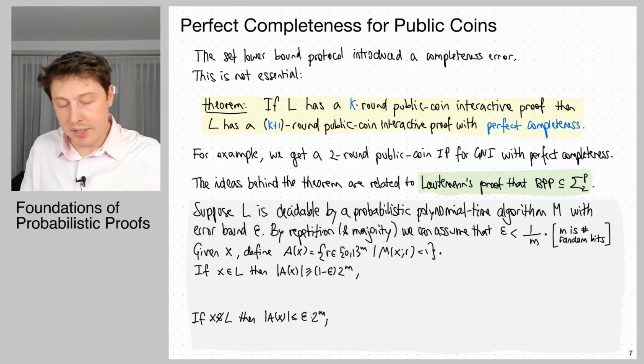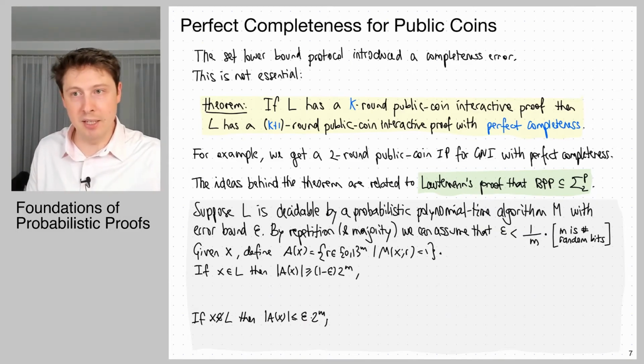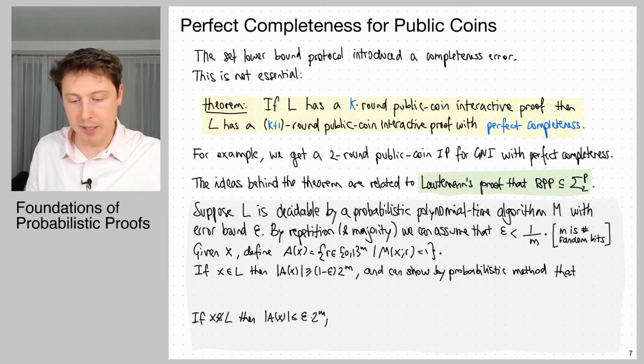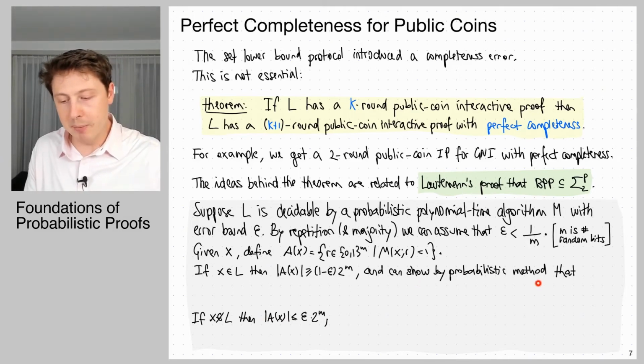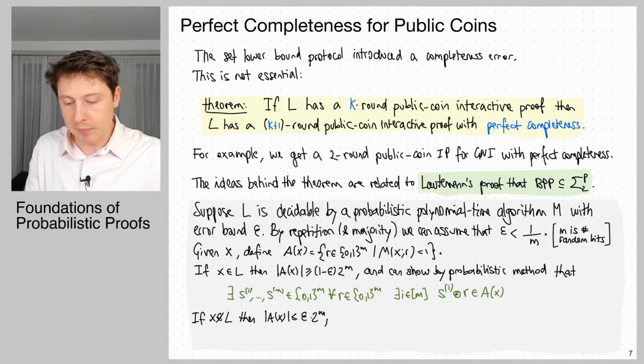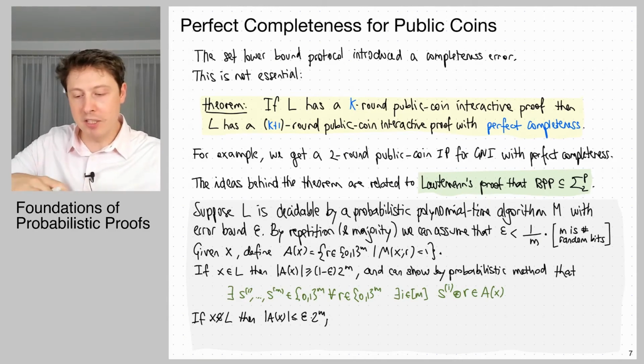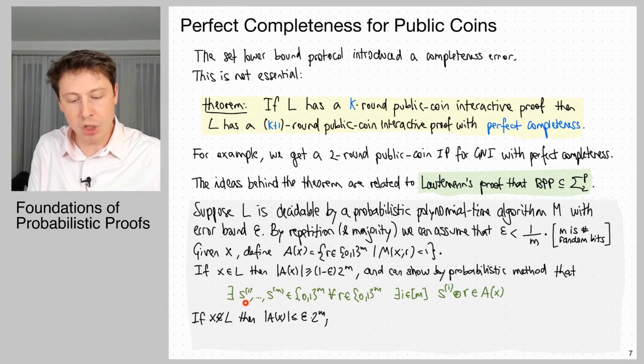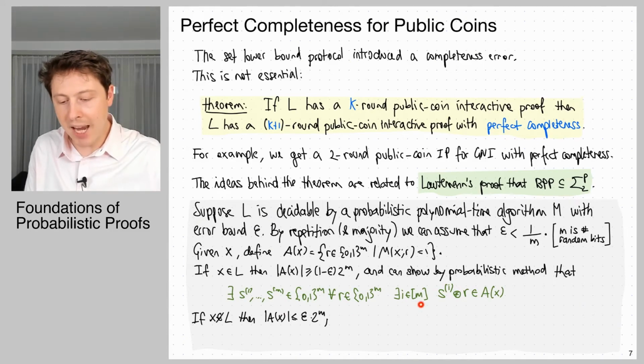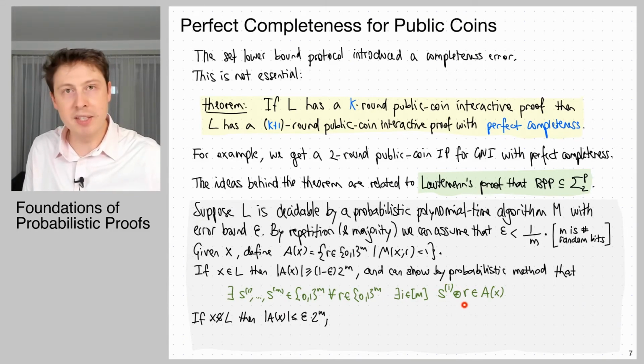Now, we will not see the derivation here, we'll see it in the interactive proof case, but roughly speaking, there is a way to use the probabilistic method to show that in the yes case, I can basically smoothen out this large set by a small number of shifts to cover everything. So I can take m shifts such that no matter which random string I pick, there is a shift that puts me inside the set.